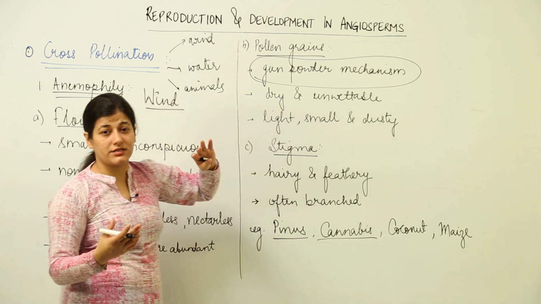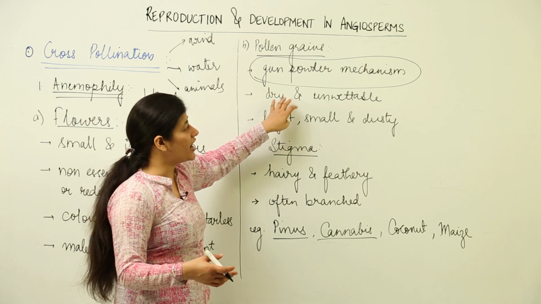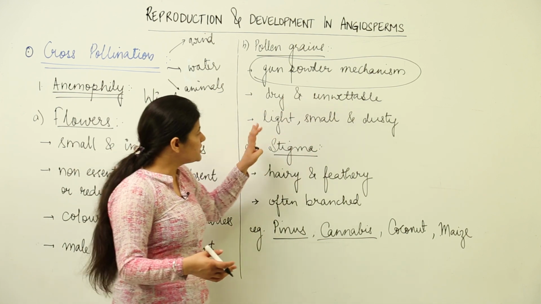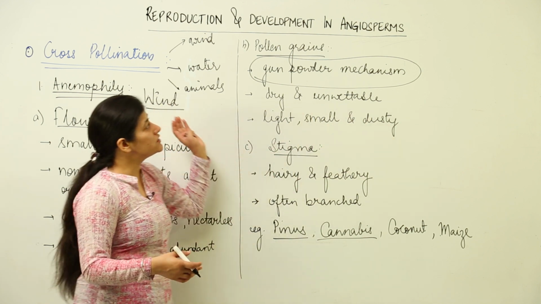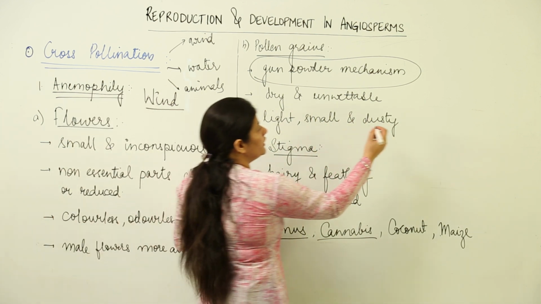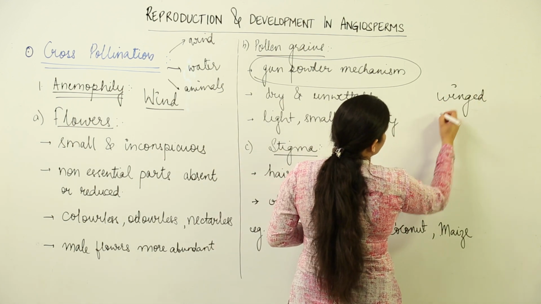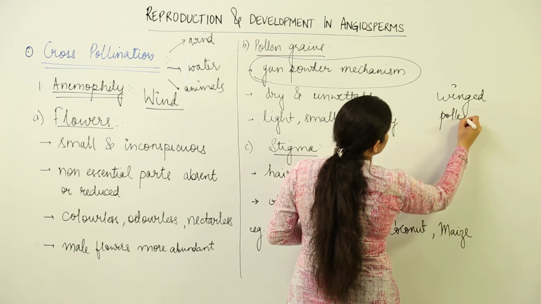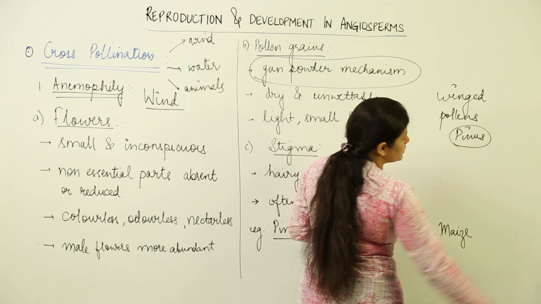Now what would be the characteristics of the pollens which are thrown into the air? First is that they should be dry and unwettable. Second is that they should be light, small and dusty, and because it is related to wind, often winged pollens are generated, and the best example of winged pollens is Pinus. Pinus gives rise to winged pollens.